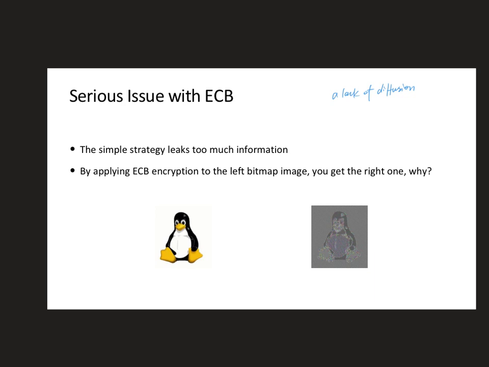When ECB mode is used to encrypt a bitmap image, which uses large areas of uniform color, while the color of each individual pixel is encrypted, the overall image may still be discerned, as the pattern of identically colored pixels in the original remains in the encrypted version. So the left one is the plain text.